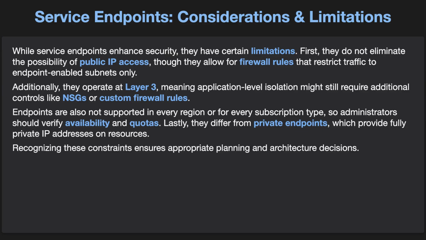Endpoints are also not supported in every region or for every subscription type, so administrators should verify availability and quotas. Lastly, they differ from private endpoints, which provide fully private IP addresses on resources. Recognizing these constraints ensures appropriate planning and architecture decisions.